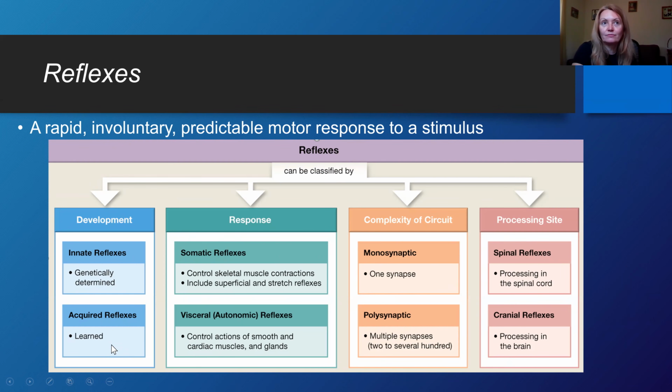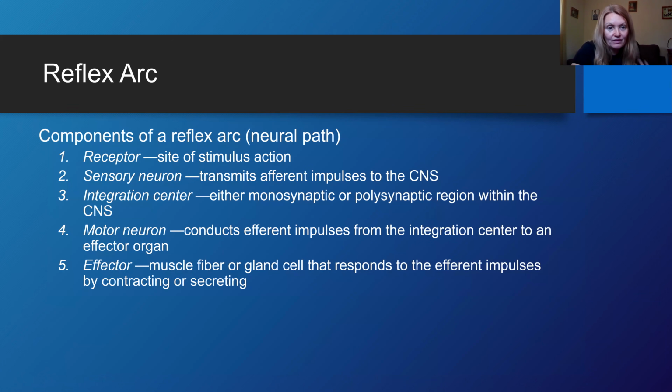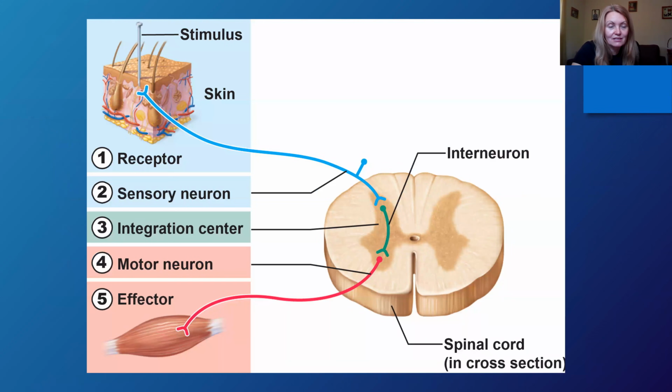Also, when you learn how to go to the restroom, for number one or number two, instead of doing it in your diapers, that would be your acquired reflex. Also, it can be a somatic or visceral reflex. It can be monosynaptic, polysynaptic, spinal, or cranial. I will go over this diagram in more detail in my third video when we cover physiology instead of anatomy. So right now we're just going to get to this last slide.